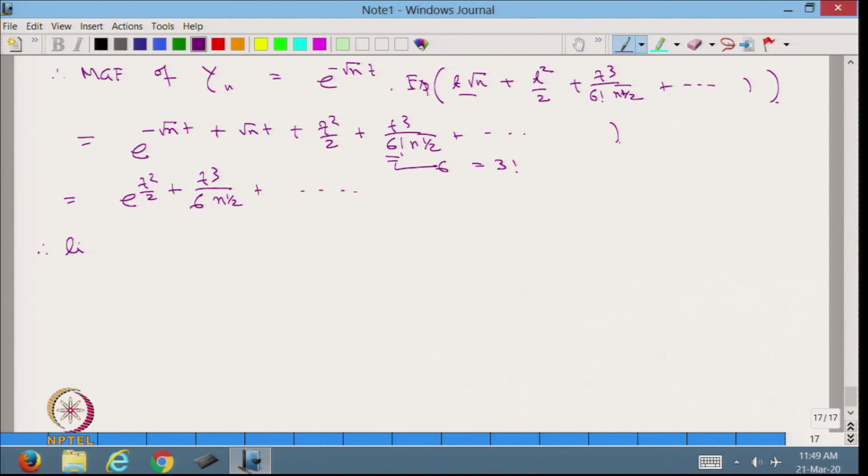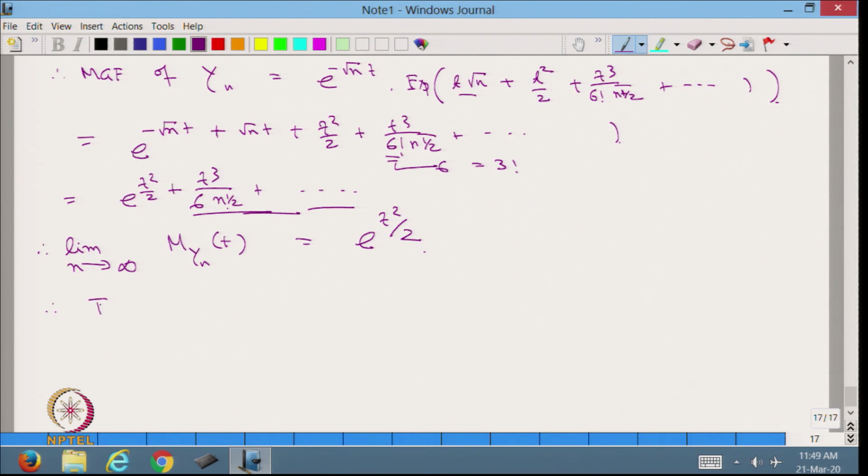Therefore, limit n going to infinity M_Yn at t is equal to e to the power t square by 2, because all these terms are going to 0 as n goes to infinity.